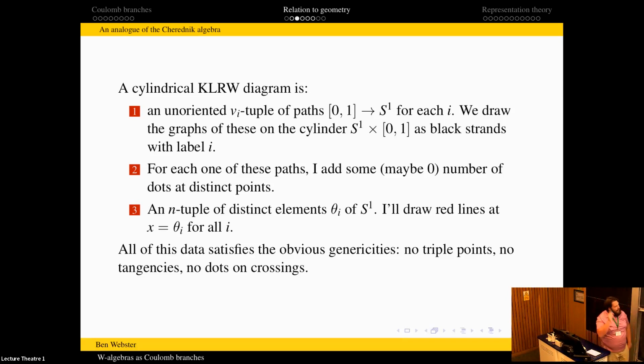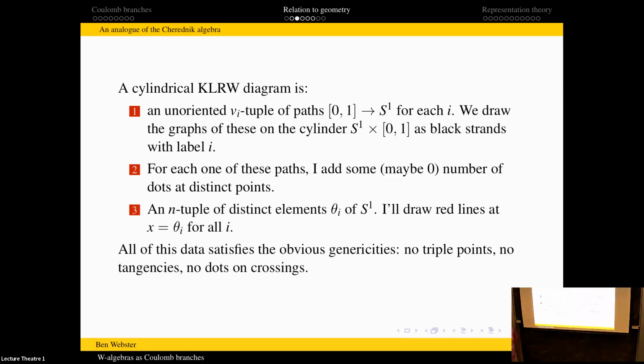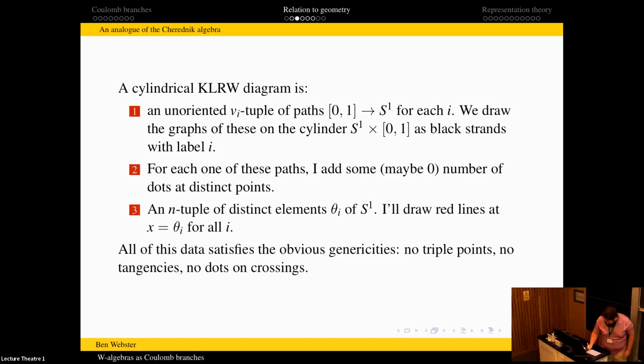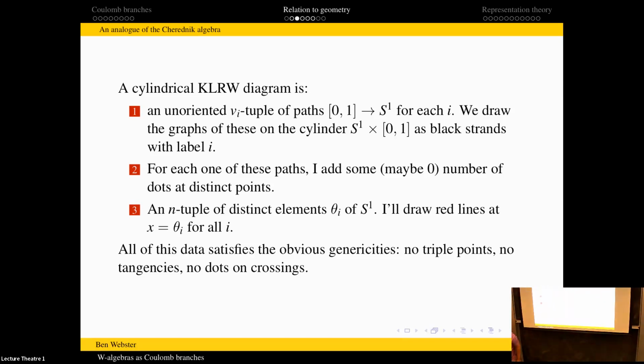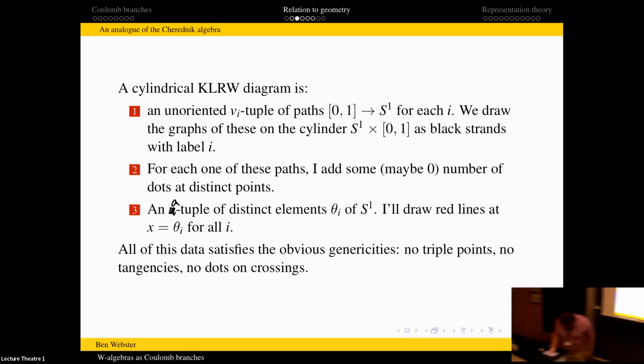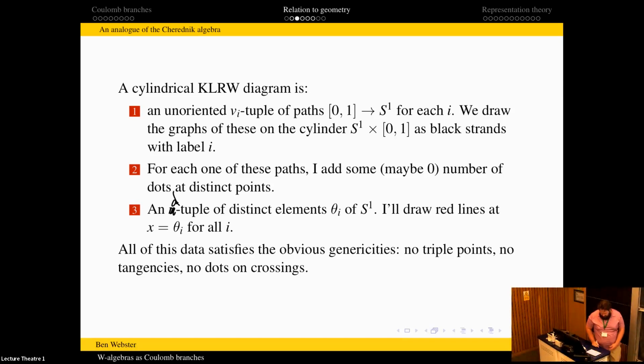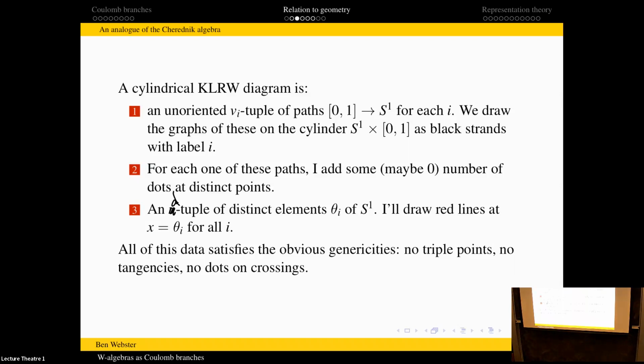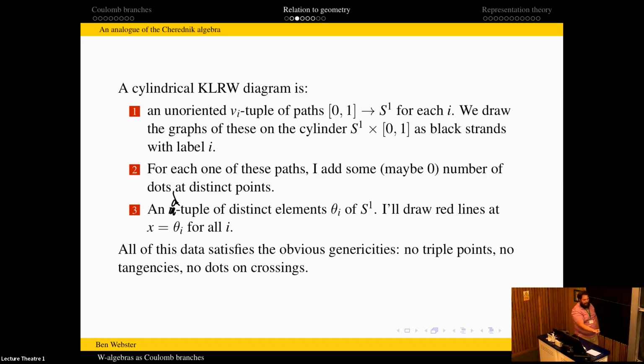On these paths, I'm allowed to add dots at distinct points. And there's an n tuple of special elements. Oh, that should have been a d tuple, I'm sorry. A d tuple of special elements where I draw red lines, right? And this is at a particular point in S^1, so when I draw the graph, it's a vertical line.